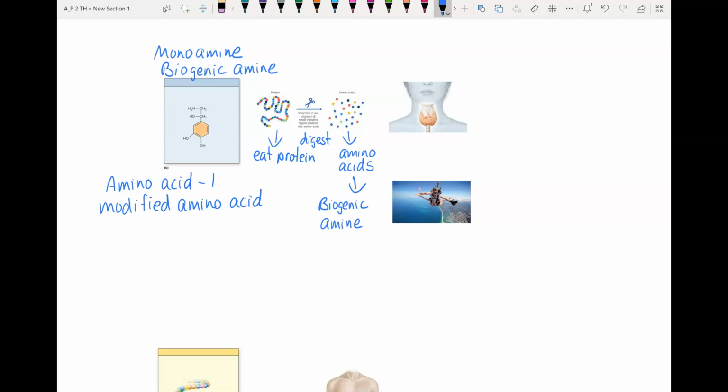A couple examples of biogenic amines would be thyroid hormone, and this comes from your thyroid gland. And look at this, these people are skydiving. They're having an adrenaline rush. Epinephrine. You remember from chapter 15, learning all about norepinephrine? That is also a biogenic amine.